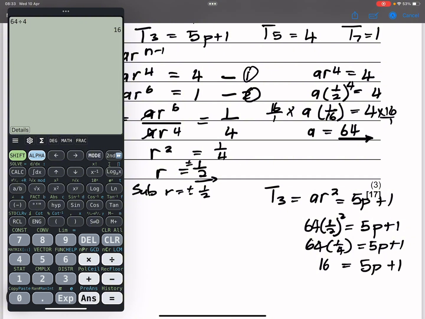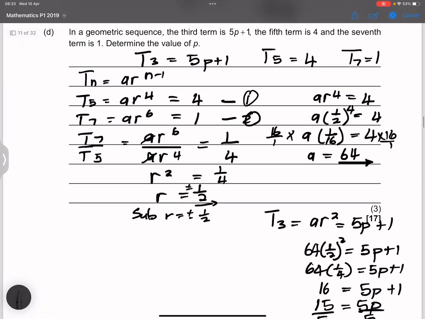If we take the 1 to the other side, we've got minus 1, that would give us 15. So 15 is equal to 5p, and if we divide by 5 on either side, therefore p is equal to 3.